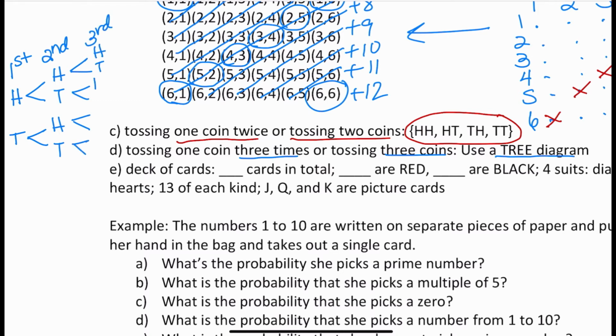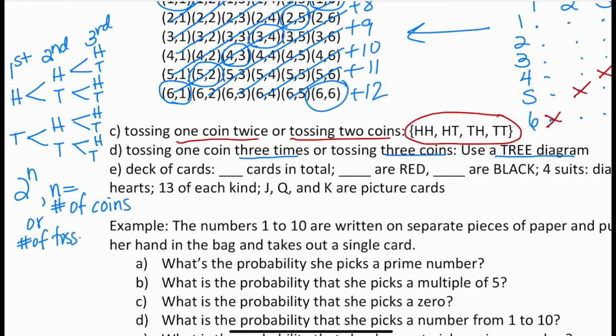Heads, tails, heads, tails, heads, tails, heads, tails. Because when you toss a fair coin, there's 2 possibilities. The total number of possibilities is going to be 2 to the nth power, where n is the number of coins or the number of tosses.